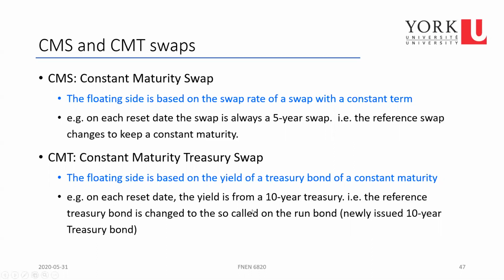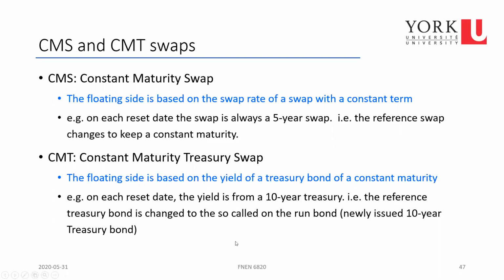So for example, in this case, at the first reset date, you take the yield of a 10-year treasury bond, and the next reset time, you'll also take the yield of a 10-year treasury bond. The two bonds are different at the different reset time. They are both the current 10-year treasury bond.